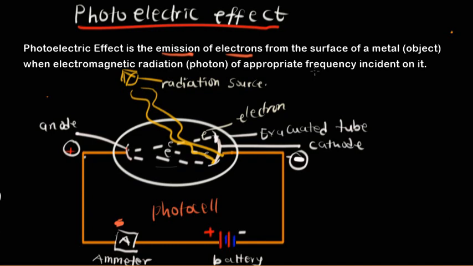But we have to look at it. For the photoelectric effect to happen, the frequency of the radiation or photon must be appropriate. This photon or radiation has energy E equals hv, that is Planck's constant times the frequency.